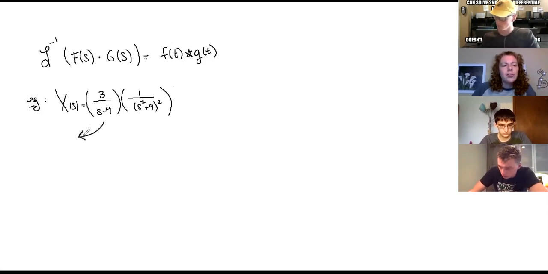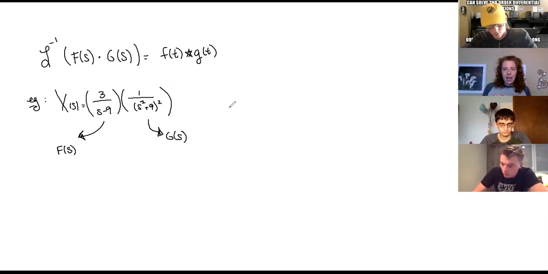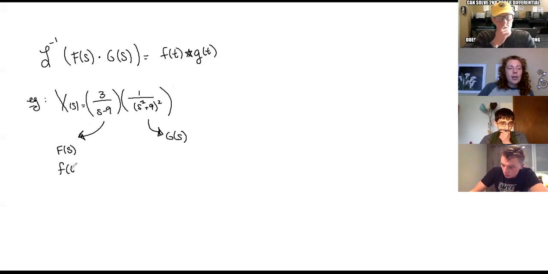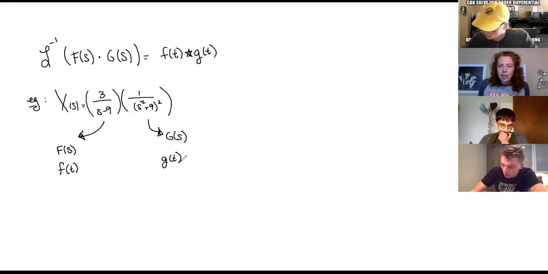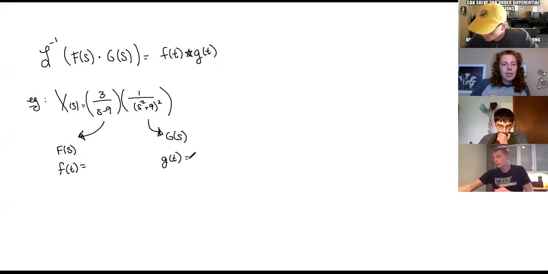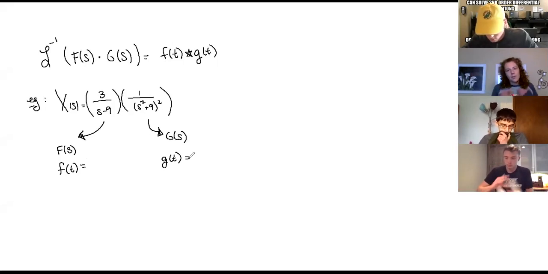That's my X of s. So here's your first function, capital F of s, the thing in the first set of parentheses. And your capital G of s is the thing in the second set of parentheses. We've got a capital F of s and a capital G of s. Use the front part of your book or your chart to come up with what little f of t is and what little g of t is. If I did it right, they should each exist in the front part of your book.